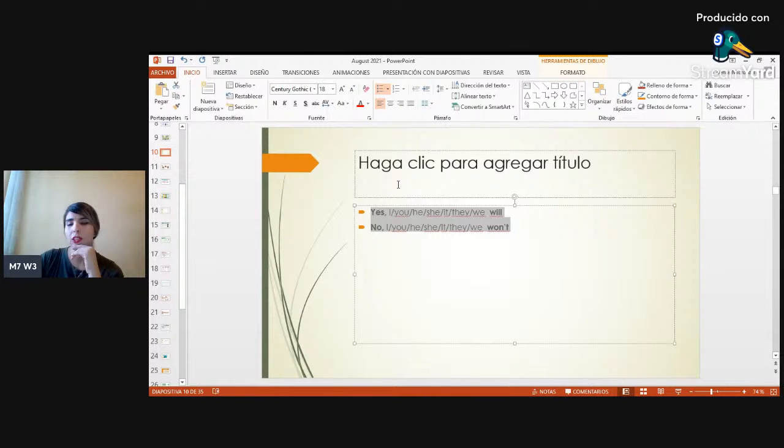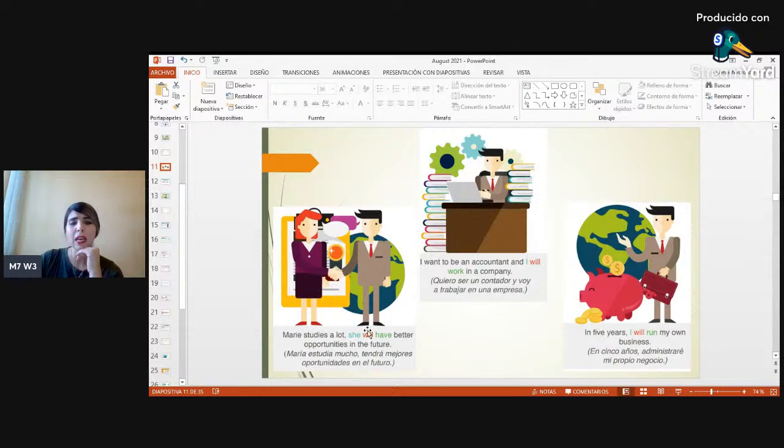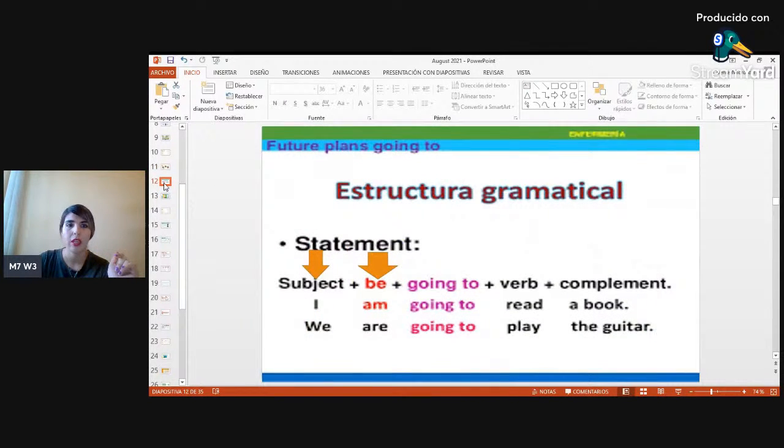We have so many different examples here, like maybe I want to be an accountant and I will work in a company. Yo quiero ser contador y trabajaré en una compañía o en una empresa. Work es como trabajaré, pero es algo que no es tan certero. Él quiere ser contador, pero no sabemos en realidad si lo va a lograr aún.